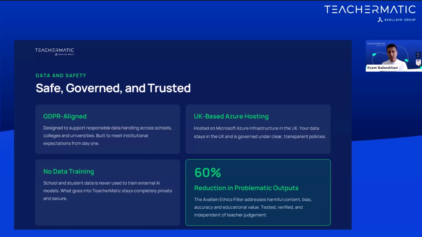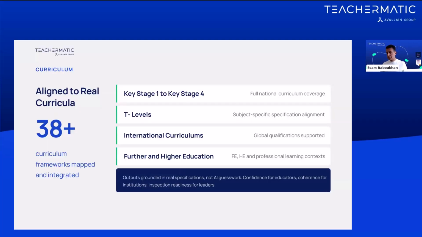So what goes into TeacherMatic stays private and secure. And on top of that, through the Avalane Group, the platform includes an ethics filter that has been shown to reduce problematic outputs by about 60%. That does not replace teacher judgment, it supports it. For leaders that are thinking about institution-wide adoption, this is the governance foundation that they really need.